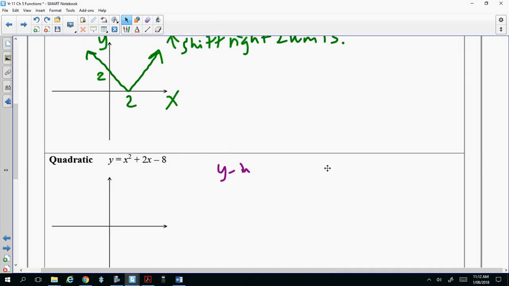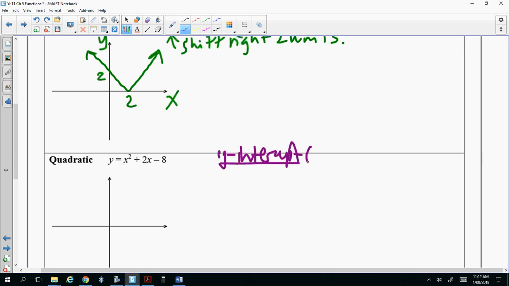Okay, let's draw this. So how do you draw this? So you find the y-intercept, that's when x is 0. And when x is 0, you get y equal to -8. That's your y-intercept crossing the y-axis at -8. And then you got the x-intercept.